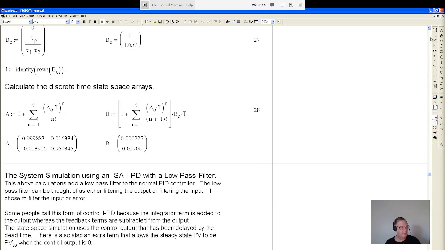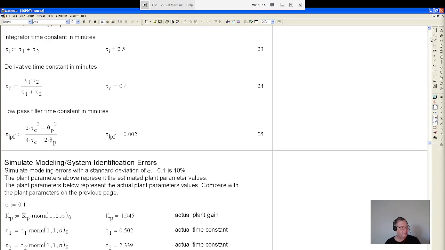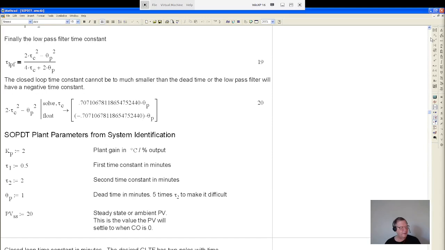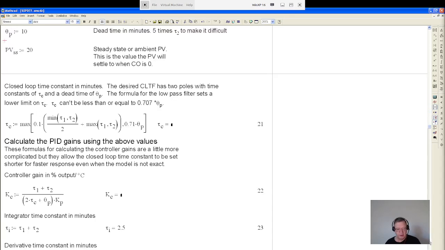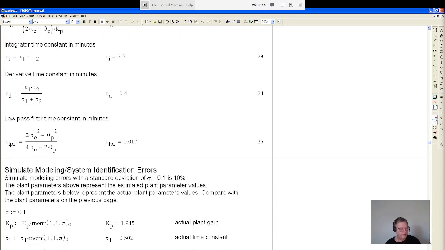So let's go back up here to where the dead time is, and let's make this a 5. Oh, let's make it 10. Now, this is actually very long. Whenever the dead time is that much longer than the longest dead time, it's going to be difficult to tune, at least to tune it manually.